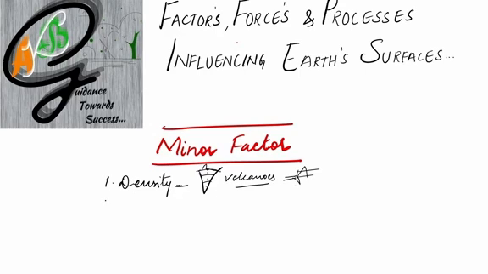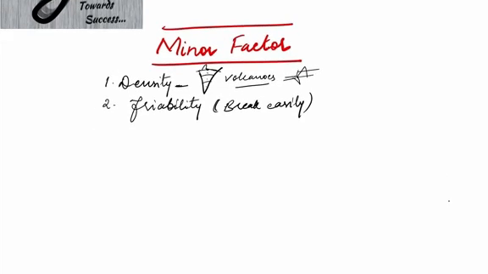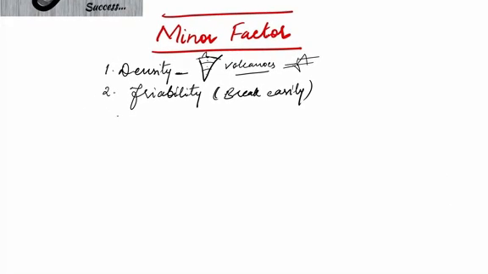The next minor factor is friability, that means the ability of rock to crumble or break easily. And the next is hardness of rock.